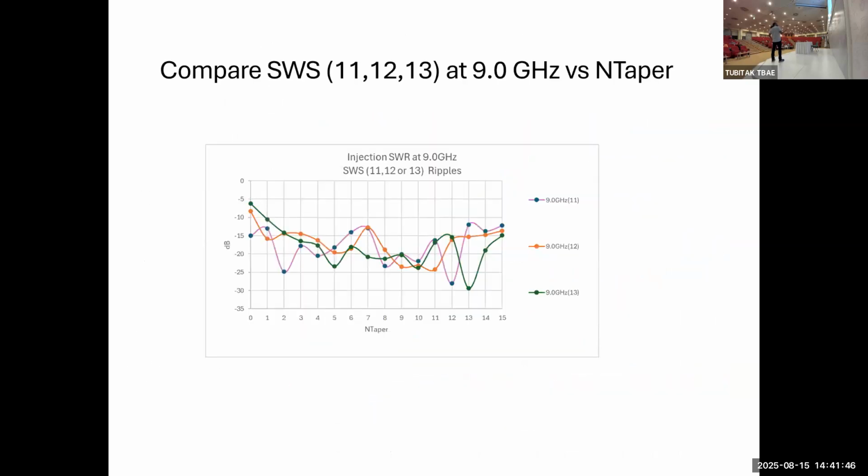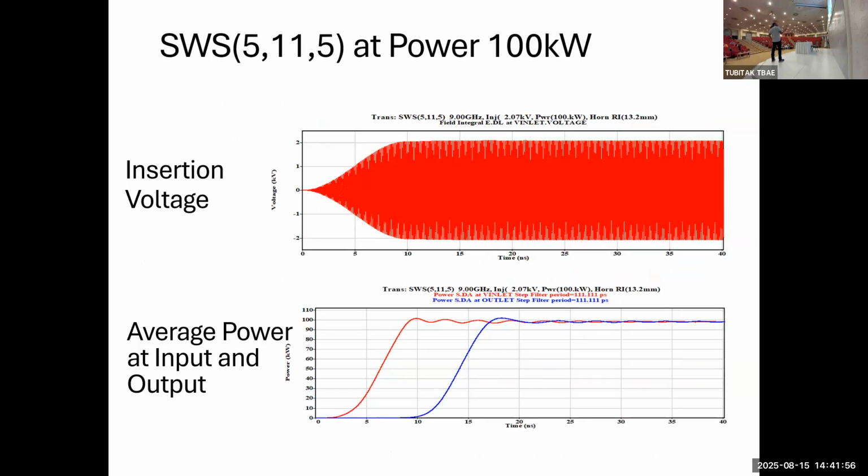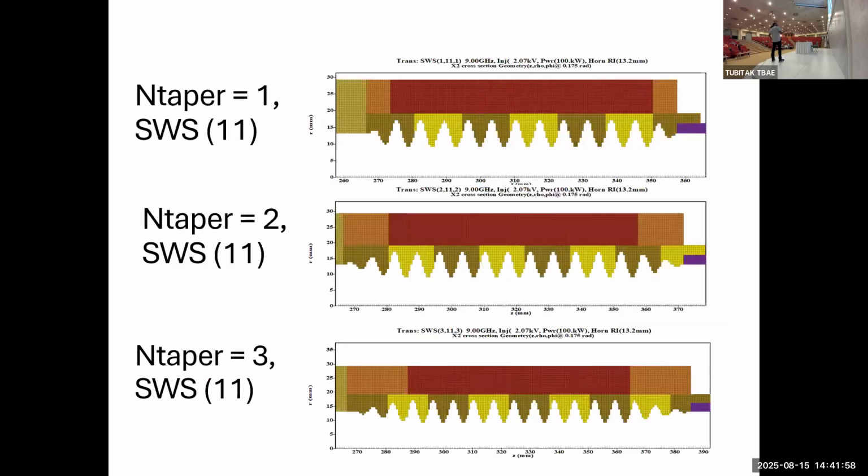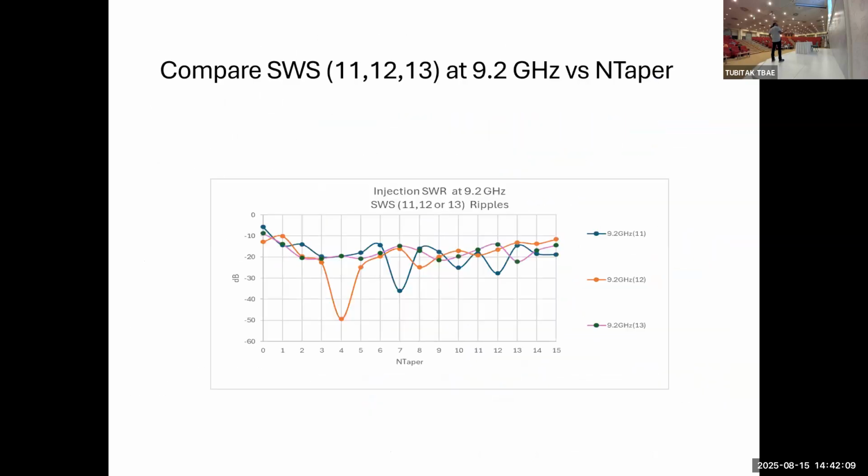I'm going a little bit fast. So this is one of the studies we have at 9 gigahertz, with the middle section of 11, 12, 13 corrugations. This one, the middle section, the uniform section, and then we start changing these from 0, 1, 2, 3 all the way to, yeah, here we change the number of taper periods.